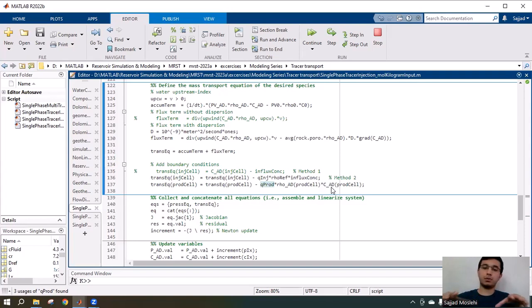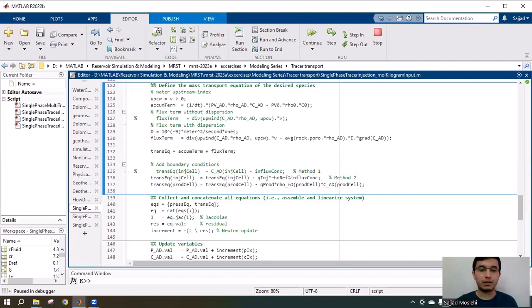All right, because we're producing that tracer from the production cell, we need to use the concentration of that production cell. That's why I used this concentration. But here we have to use the concentration of the tracer in the injected water. All right, very good.